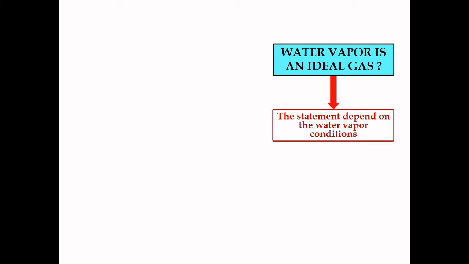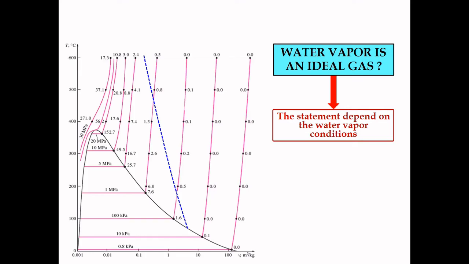This diagram shows the T-v diagram for the water. As we learned before, we have the saturation line, as shown by the black color curve, and we have the constant pressure lines represented by the red color lines.